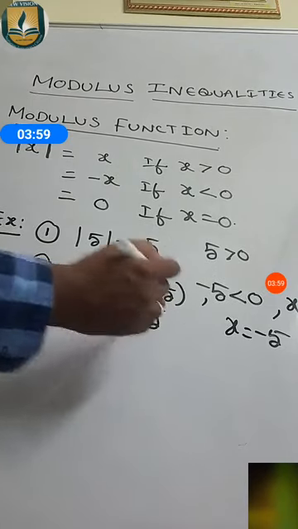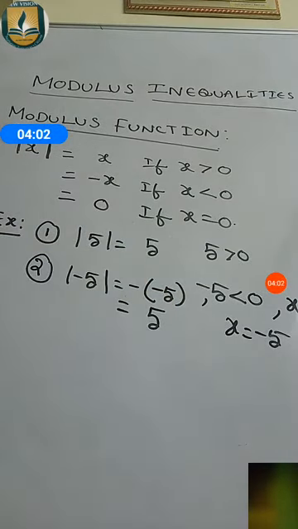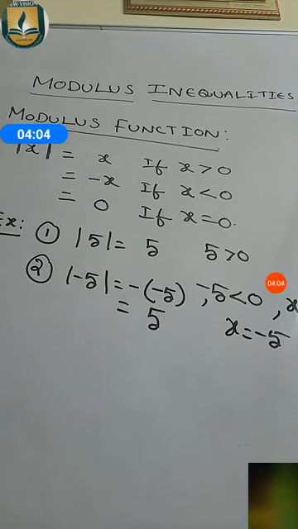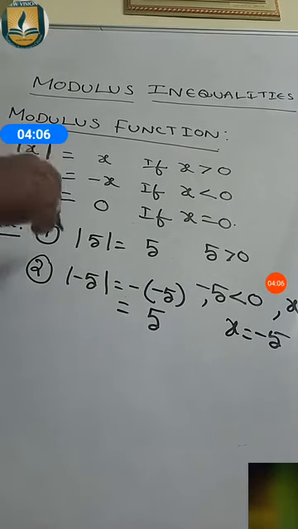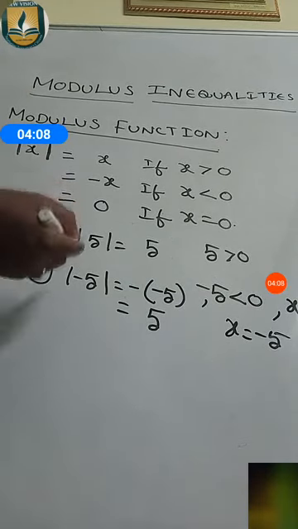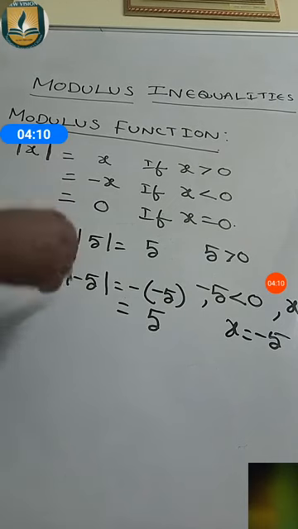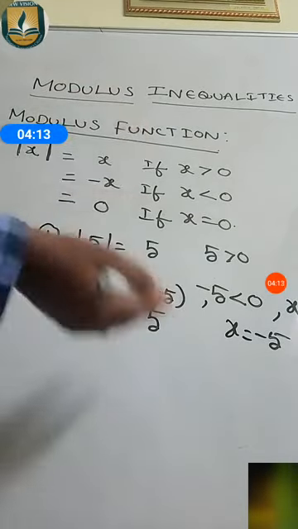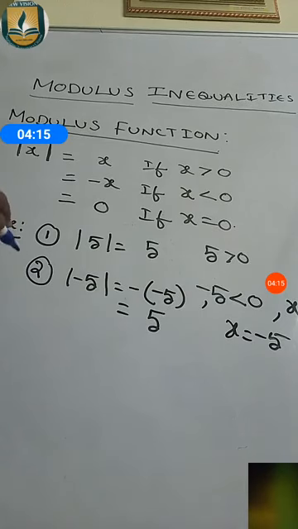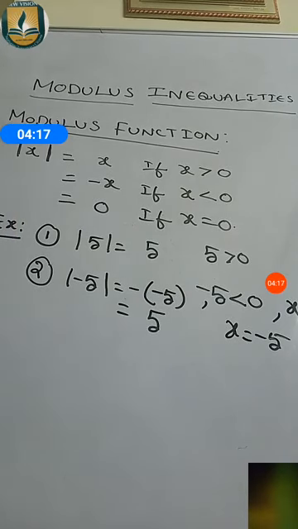That means you got it as plus 5. That means if you give negative values as input to this modulus function, it will come out as a positive value. That's why this modulus function is called a positive function, my dear students.